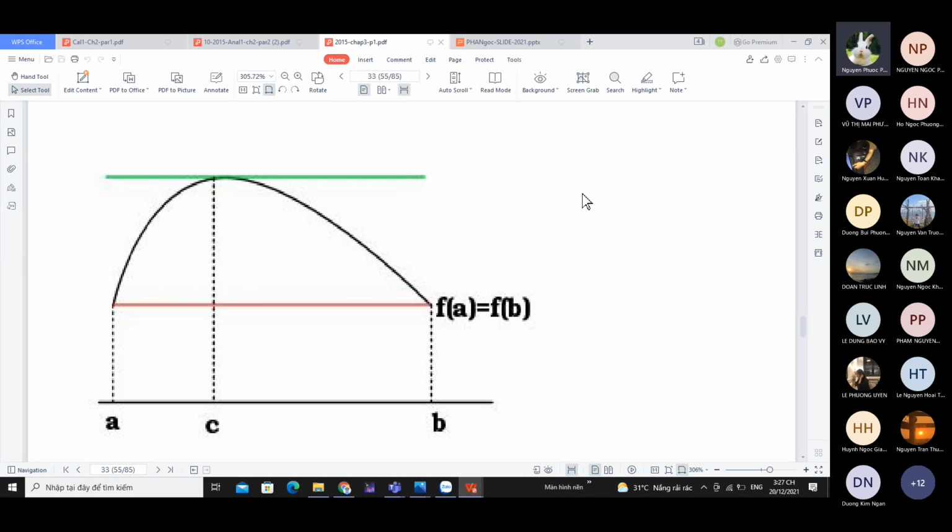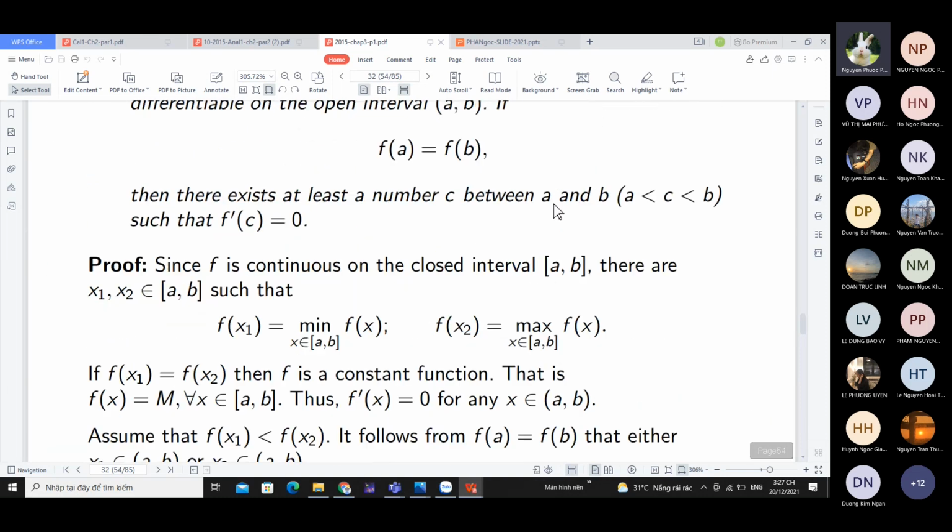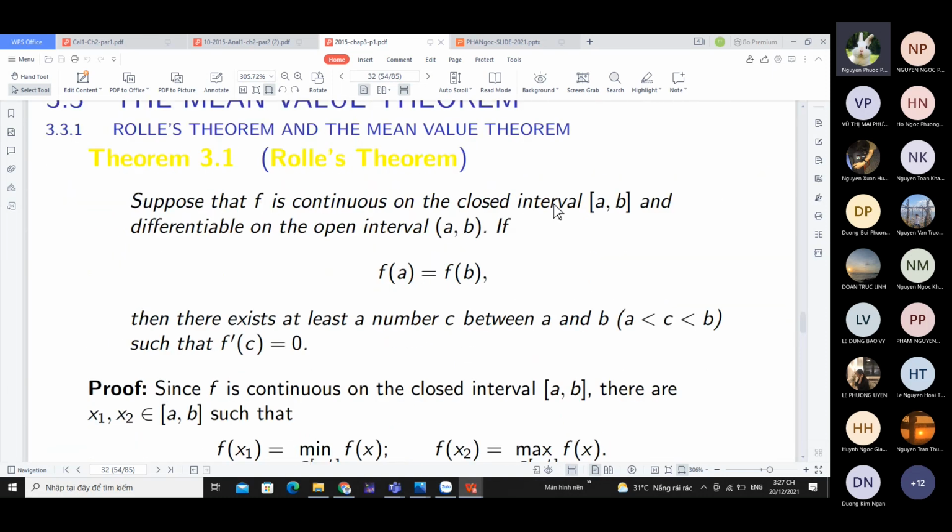It means the tangent line to the graph of f at the point C, f(C), must be parallel to the x-axis. It is also parallel to the horizontal line y equals f(A), and of course equal to f(B) too. So look again at Rolle's theorem.